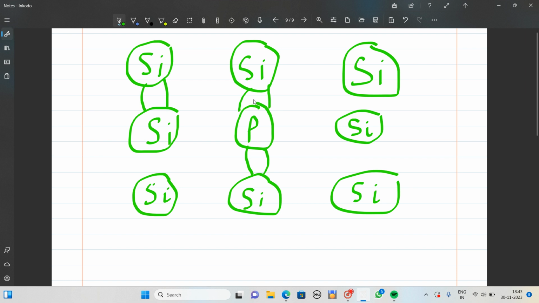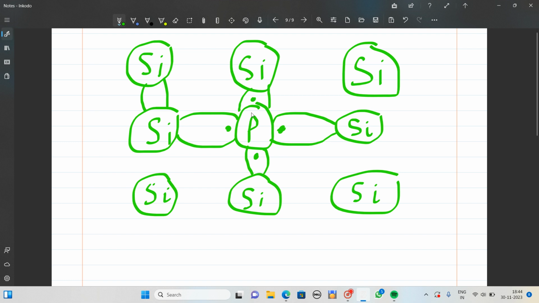So this is one electron, this is second, this one is third, fourth one. It creates a bond with the silicon atoms.